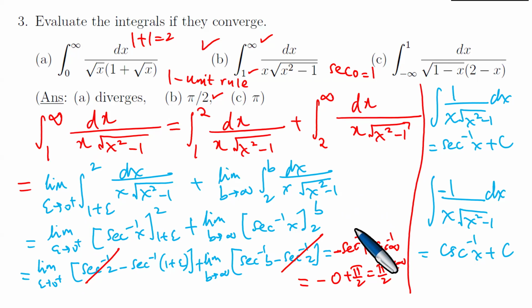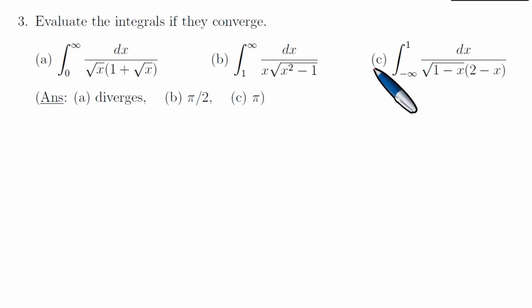So let us see now what we can do. Now we're going to move to the next question. The next problem is problem C. But in problem C, we have two problems.